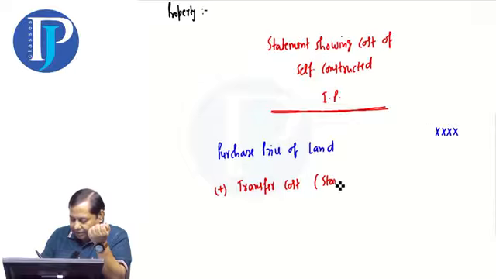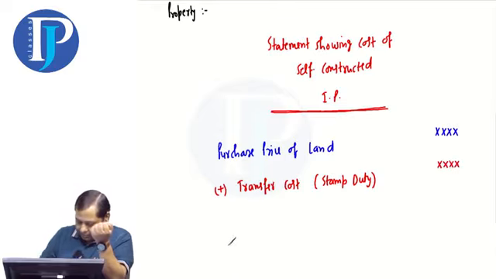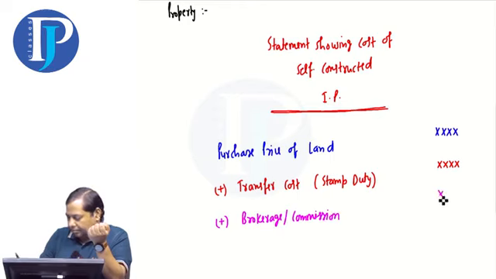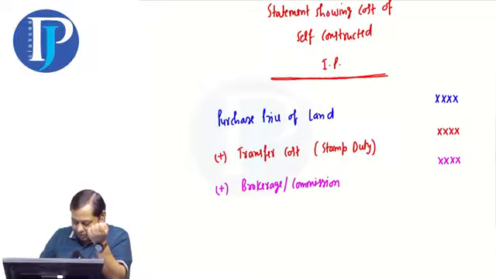It's called stamp duty. Then we will add to it brokerage commission.